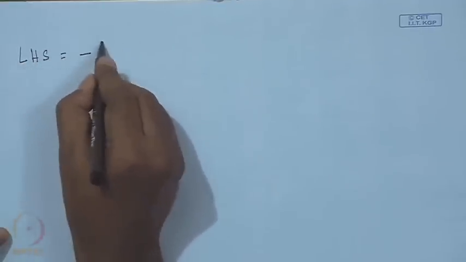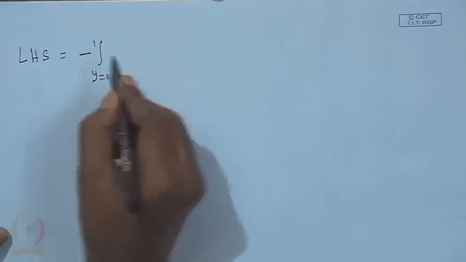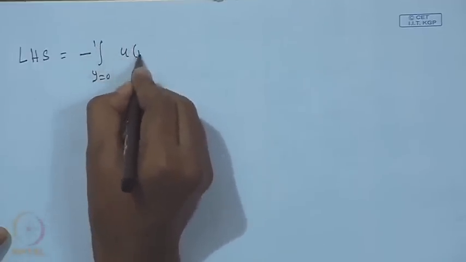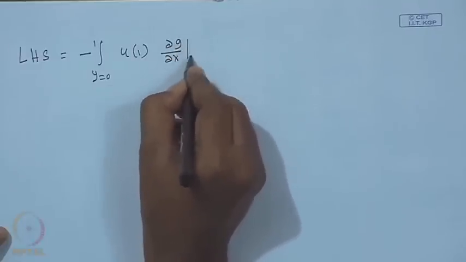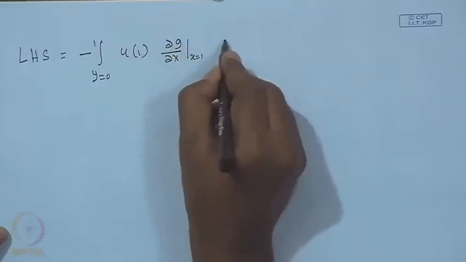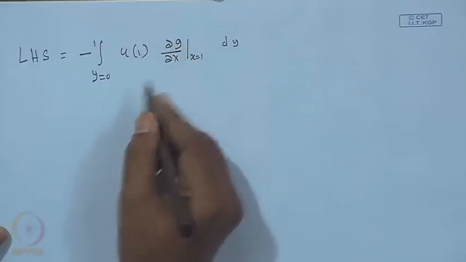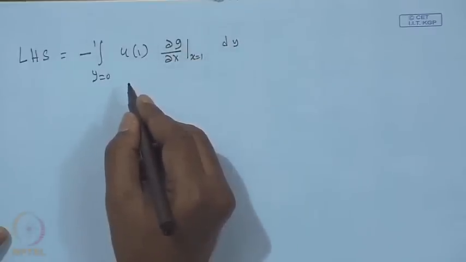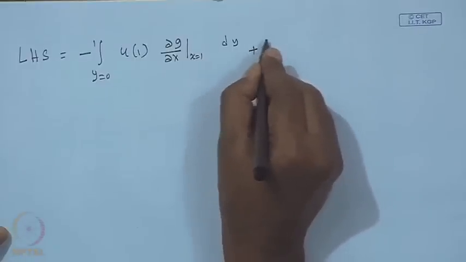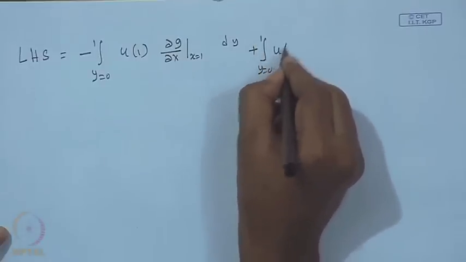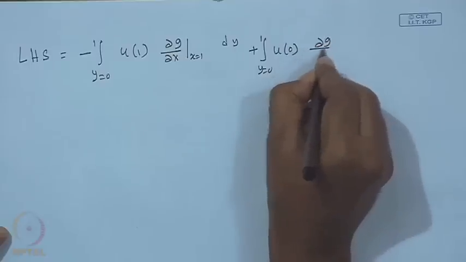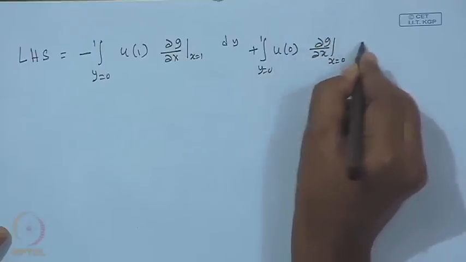More explicitly, the left hand side is nothing but minus integral over y from 0 to 1 of u at 1 times del g del x at x equal to 1 dy, plus integral y from 0 to 1 of u at 0 times del g del x at x equal to 0 dy.